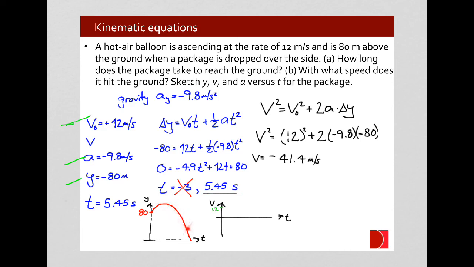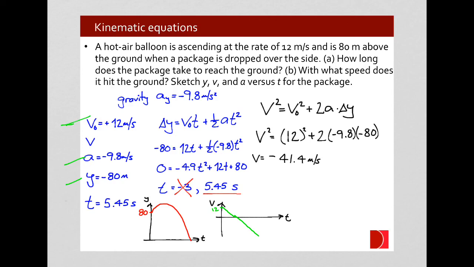As it's heading downwards, it's falling, its velocity is a negative amount. And thus, the graph for our velocity begins at 12 meters per second upwards, but as time goes on, that velocity is less and less as gravity slows it down. Velocity becomes 0 for an instant when the motion stops at the top of its arc, and then that velocity will continue getting larger and larger as a negative number as the box accelerates downward.